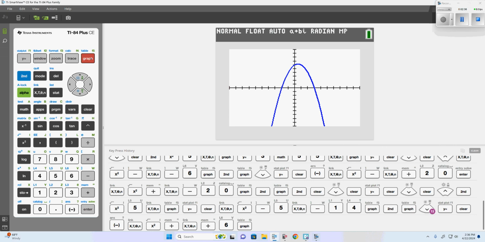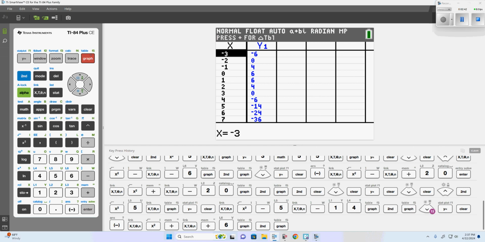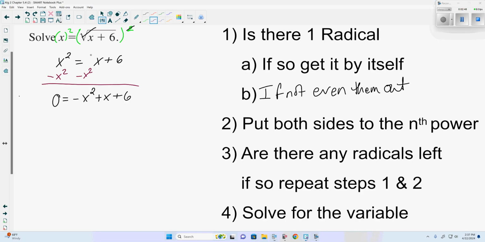And we have this here. Now we have 2 places where it crosses the x-axis. And those 2 places are negative 2 and 3. So we're saying that x is equal to negative 2 and x is equal to 3.